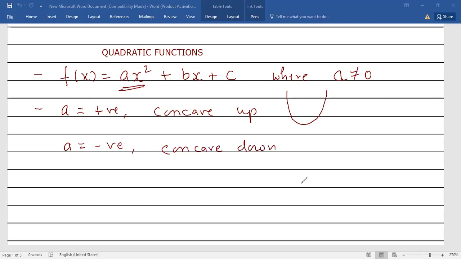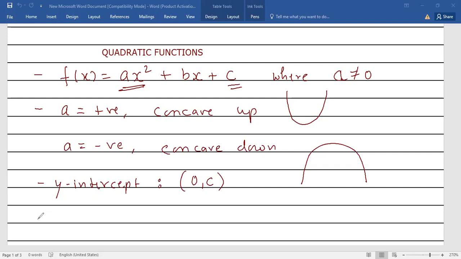Concave down means the graph will look like this. And the y-intercept for this quadratic function is (0, c). c is the y-intercept.